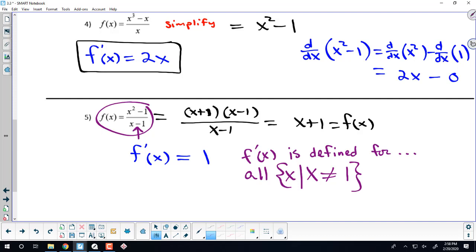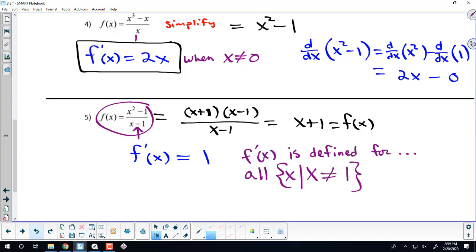Does that make sense? If your function's not defined somewhere, you cannot define a derivative at that location. Same thing with example 4 above. That derivative, although it was linear, 2x, is not defined everywhere. The derivative is 2x when x is not 0, because of this right here.